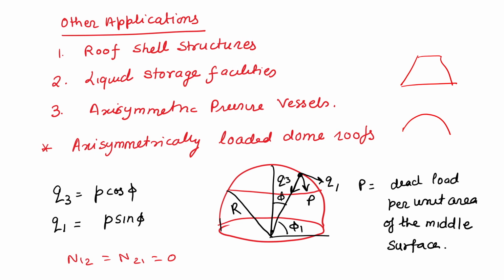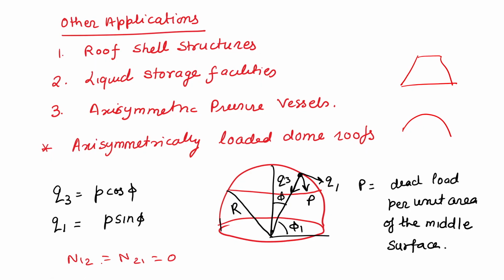When you talk about an axisymmetric loaded dome roof or a spherical dome roof, the main concept is that first we have to find out the components of loads. If we correctly define the components of load, the problem is easy to solve.